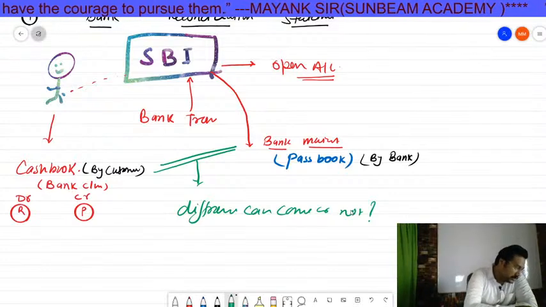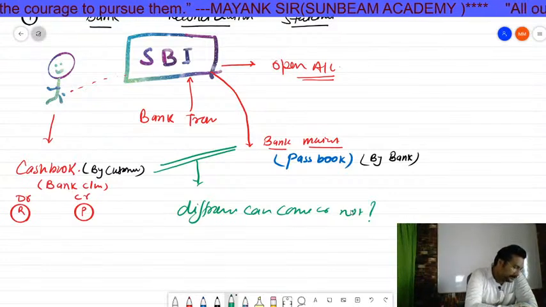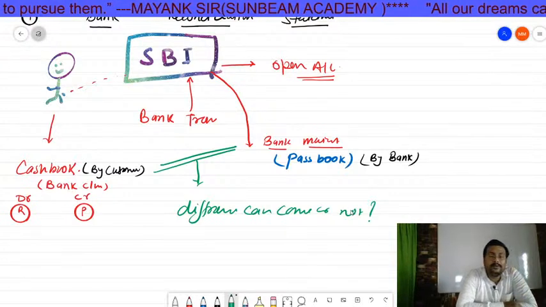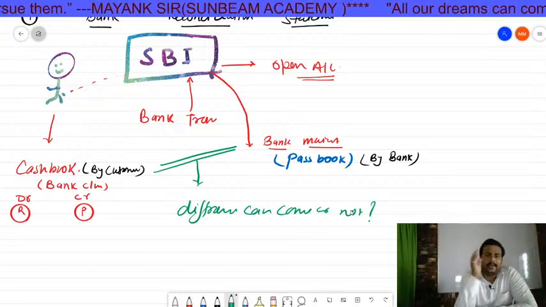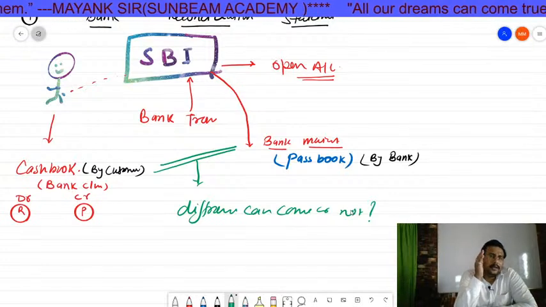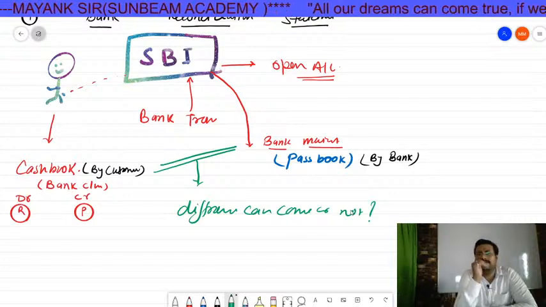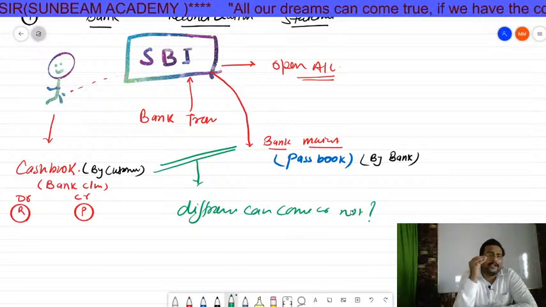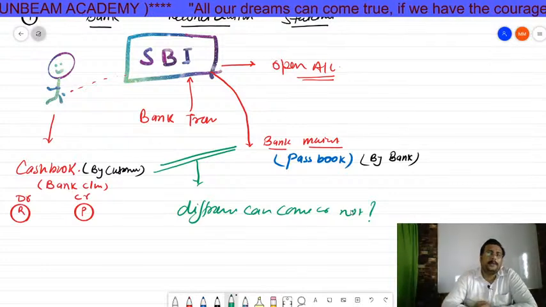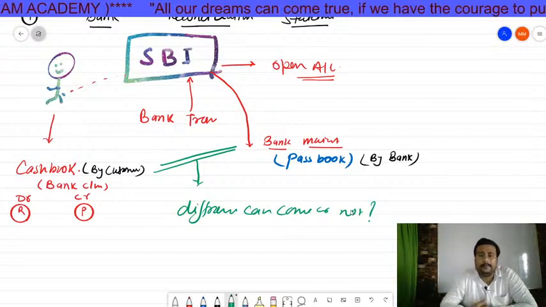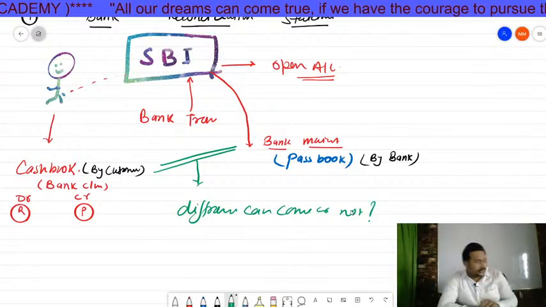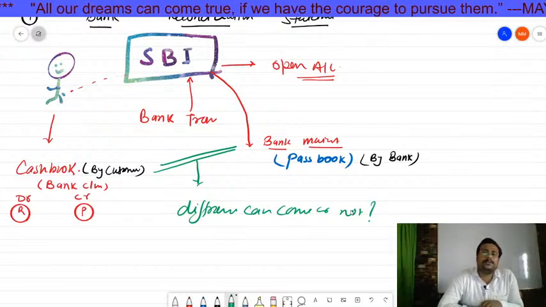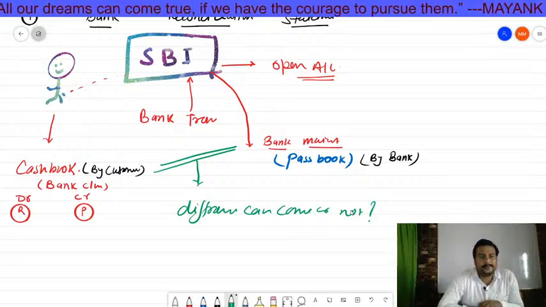Tell me guys fast. Nancy, very good. अच्छा बच्चा देखो, we will study, we will learn, we will discuss the reasons why the cash book is showing a different balance and the passbook is showing a different balance. But keep this one thing in your mind: yes sir, cash book and passbook both can show a different balance.